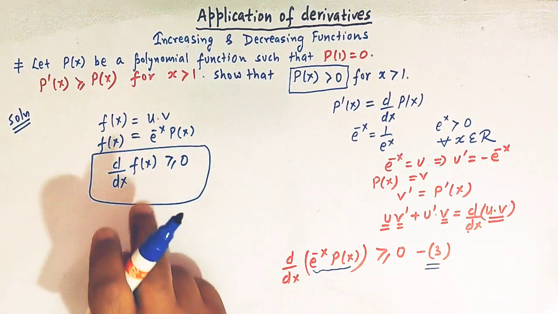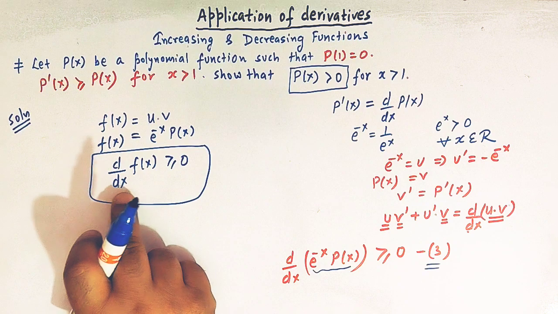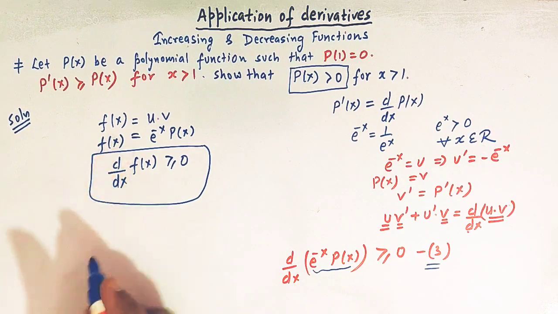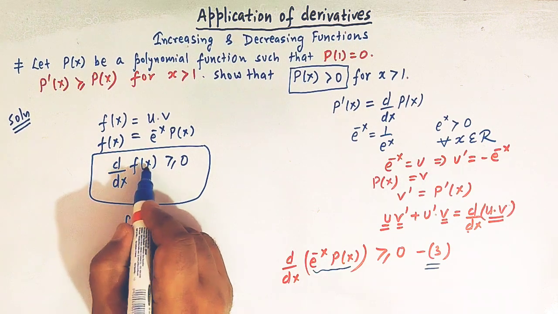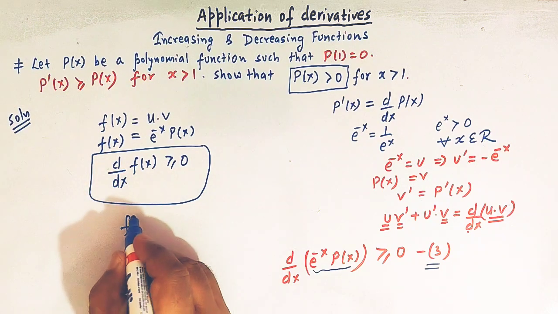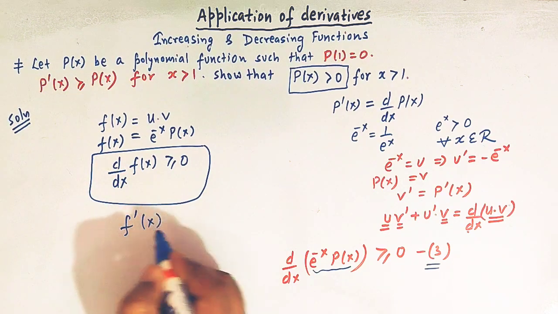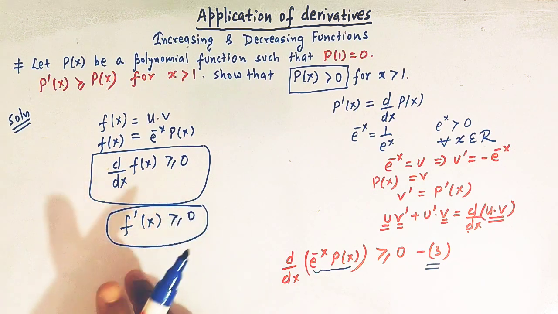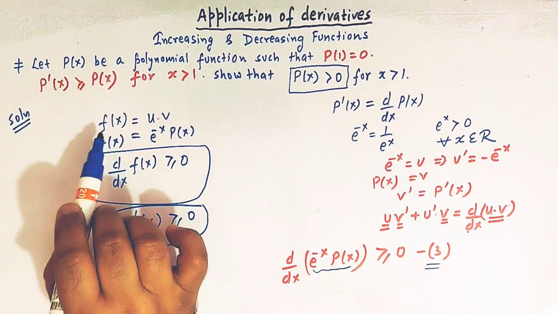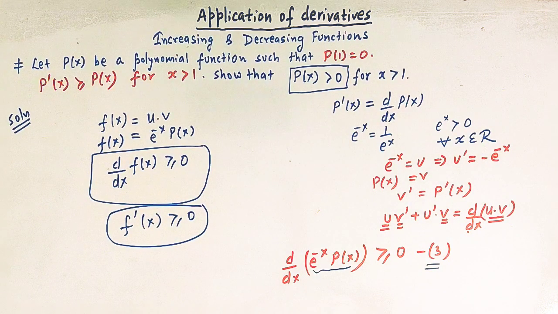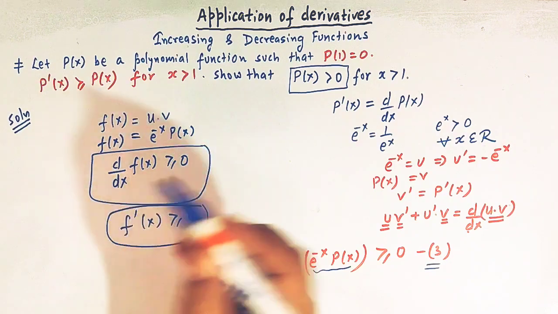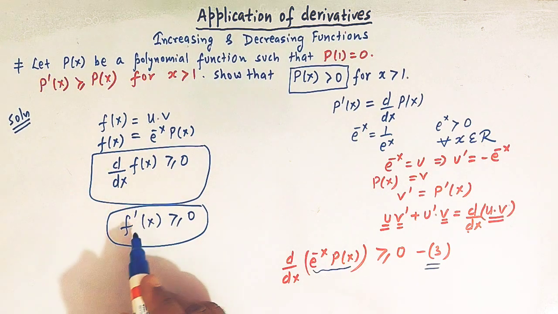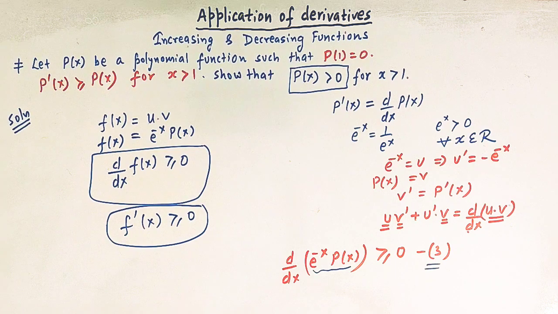And this is a very important step, right? Now this step says that the derivative of f of x with respect to x, which is f prime of x, is greater than or equal to 0, right? And this is the condition for the function f of x to be an increasing function, because we know that a function is said to be increasing if its derivative is positive.